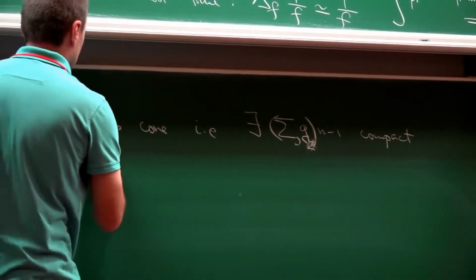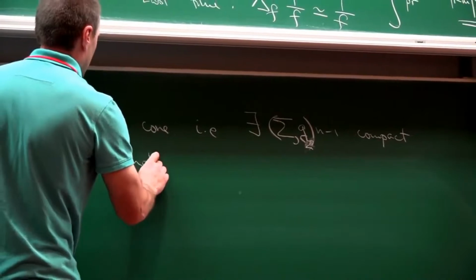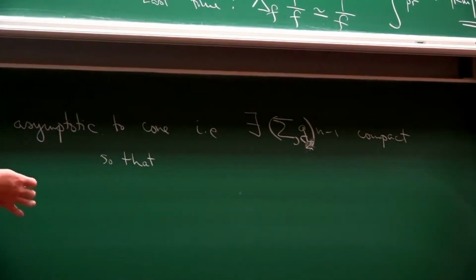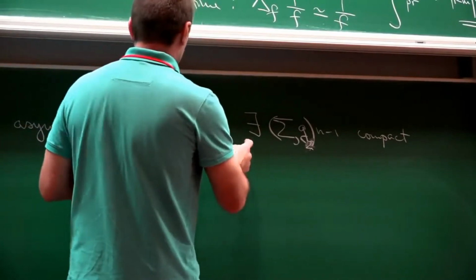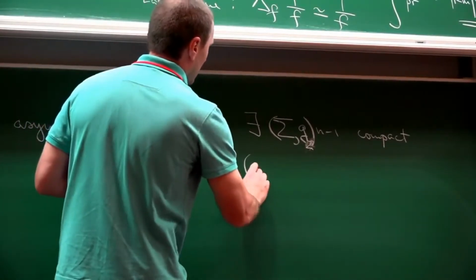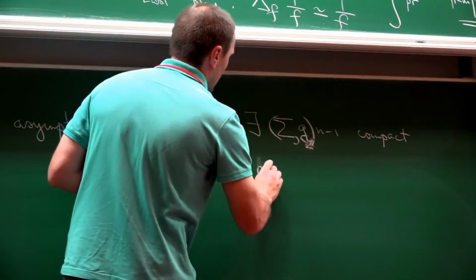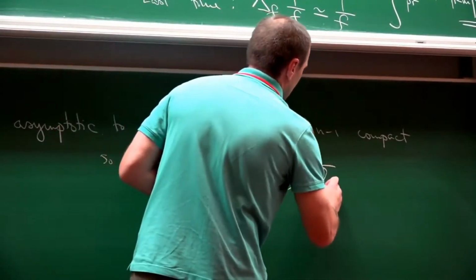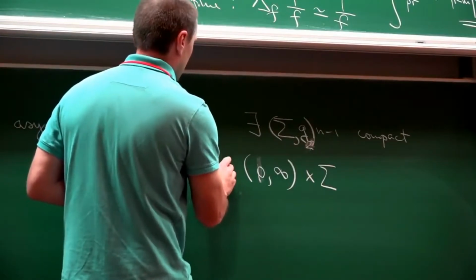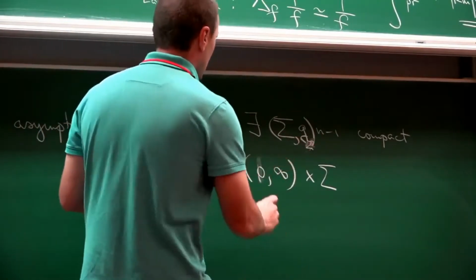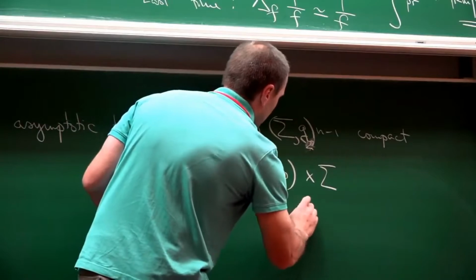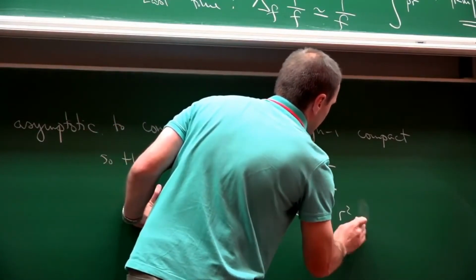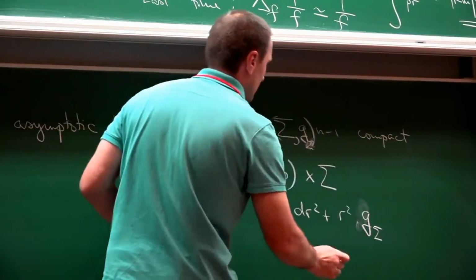So what I want is the manifold to be asymptotic to the cone, say 0 to infinity times Sigma. The metric on the cone I want to be dr squared plus r squared g Sigma. So that's the cone metric.